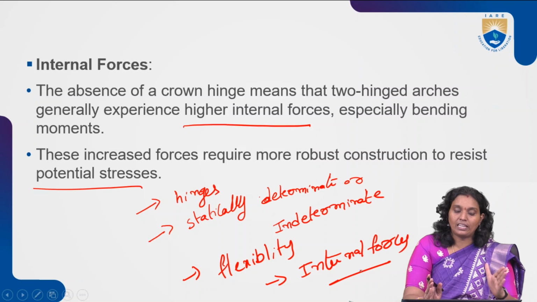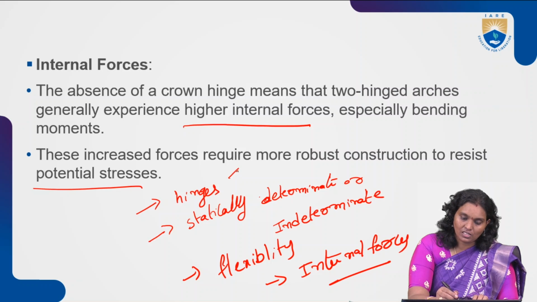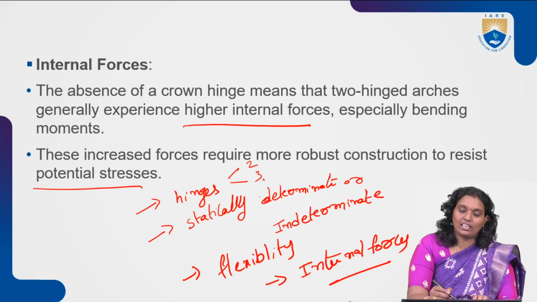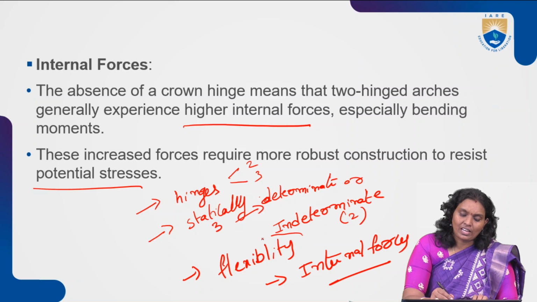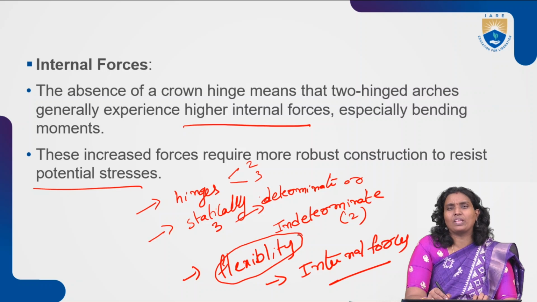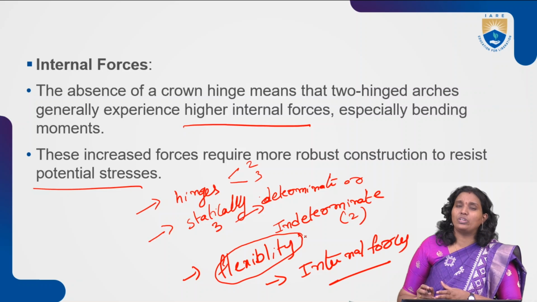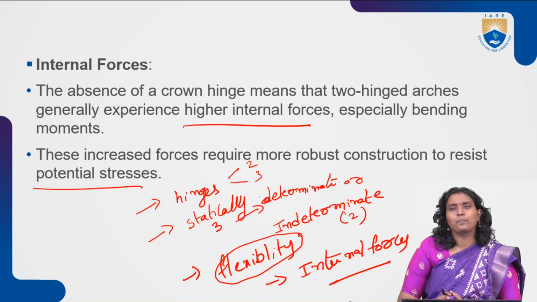When we compare in terms of these four parameters, in two-hinged arches two hinges are there, and in three-hinged arches three hinges are there. Three-hinged arches are statically determinate, two-hinged arches intermediate. Flexibility is more because the crown also has a hinge, and flexibility is there in two-hinged arches also. It depends upon the supports based on the external loads.